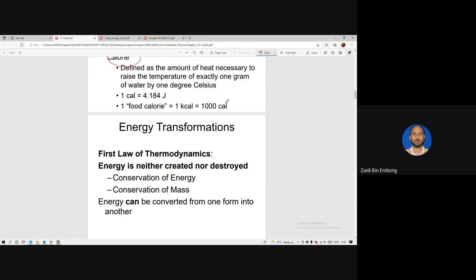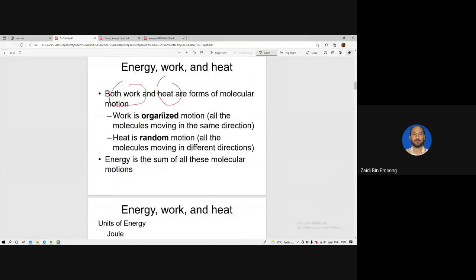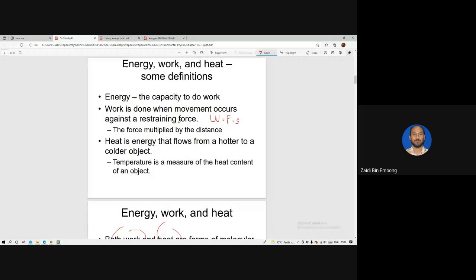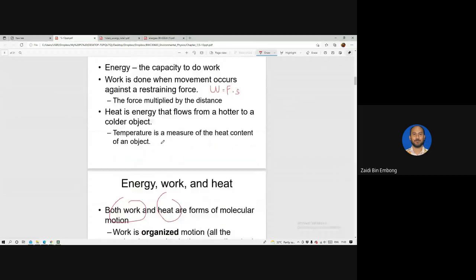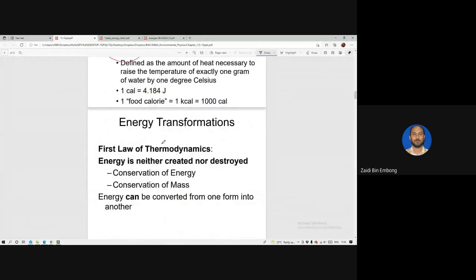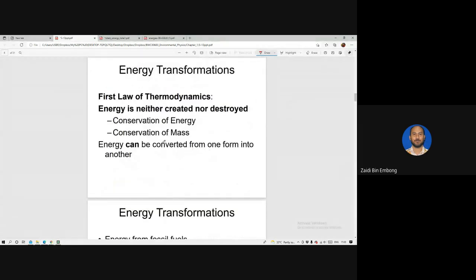Right. So we talk about energy transformation. Now we know what energy is. The definition is the capacity to do work. In terms of energy transformation, why is energy transformation very important?